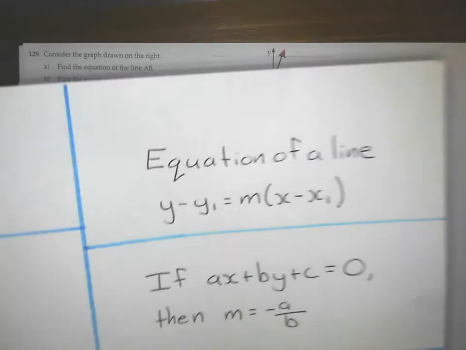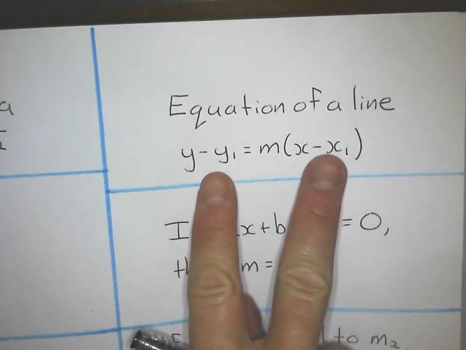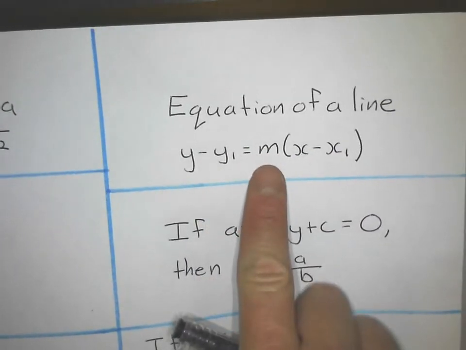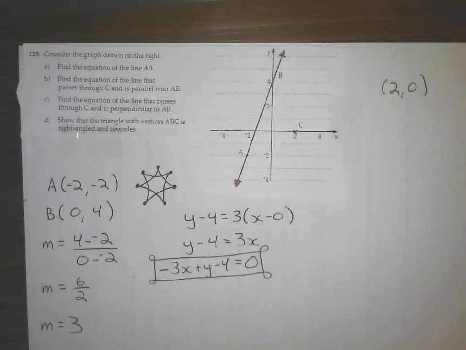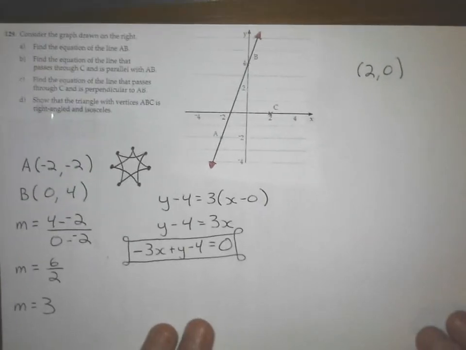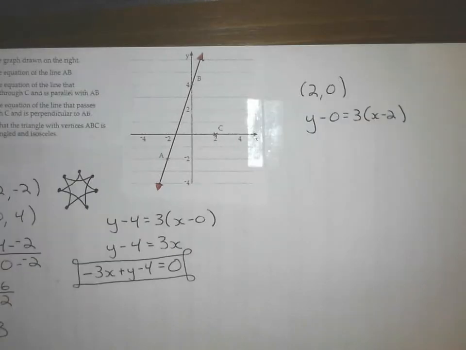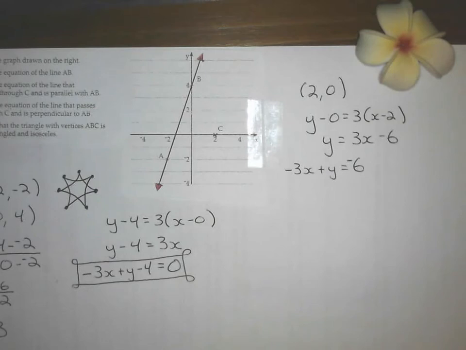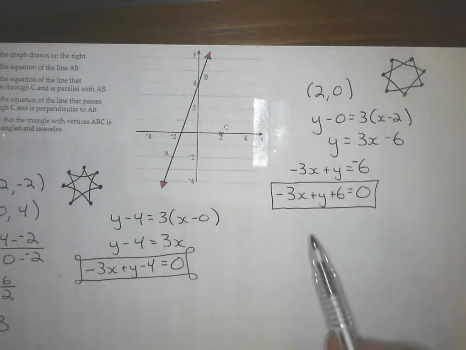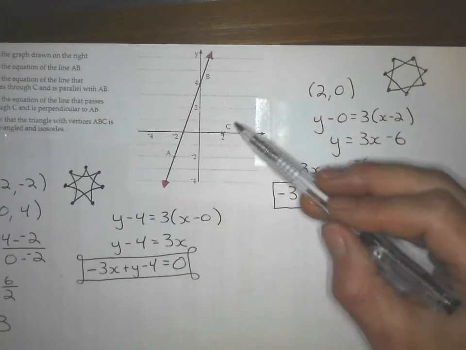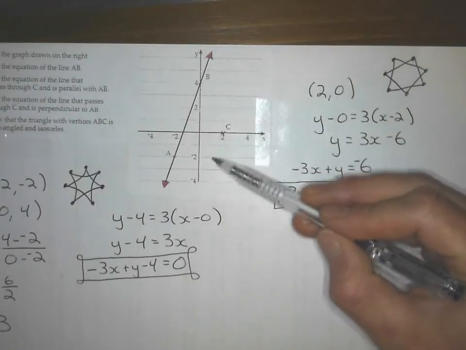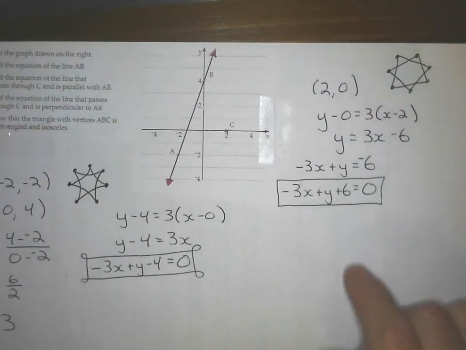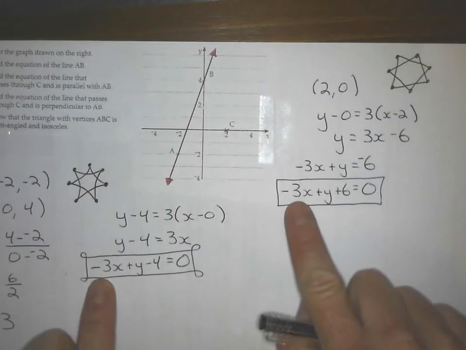And all we do is enter 2, 0 for our coordinate here and 3 for my gradient and write the equation. And we'll do that right now. Okay, and that's my equation of the line that goes through C and is parallel to AB, and of course they should have the same gradient.